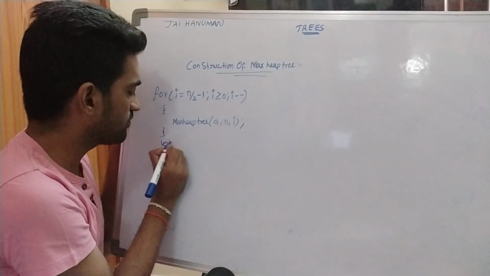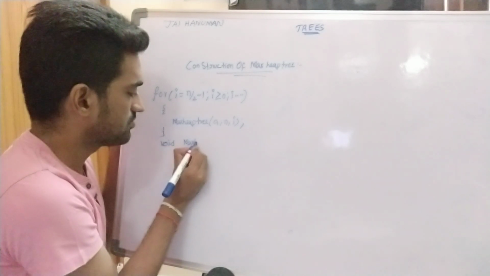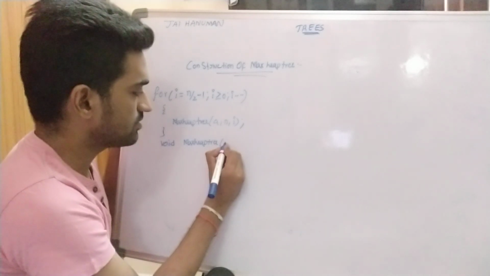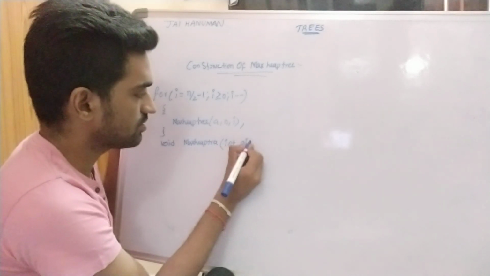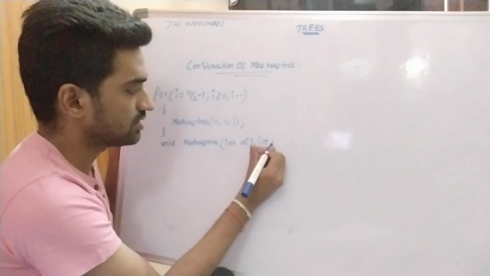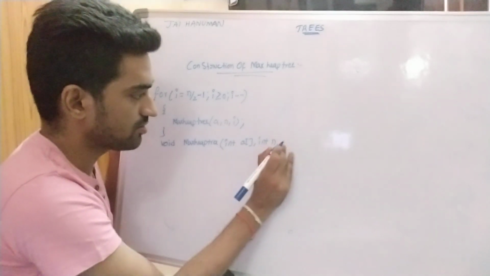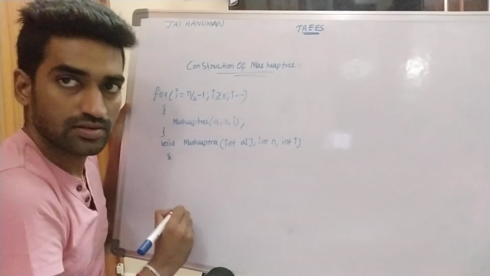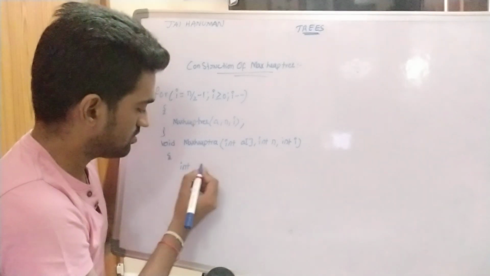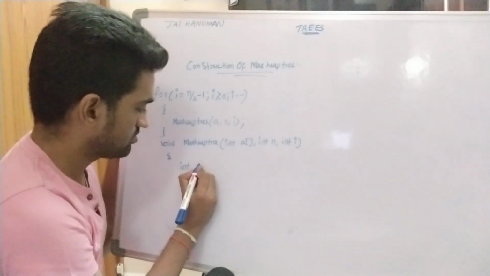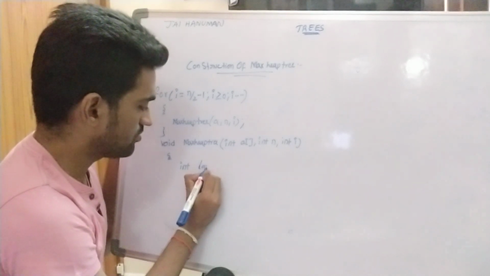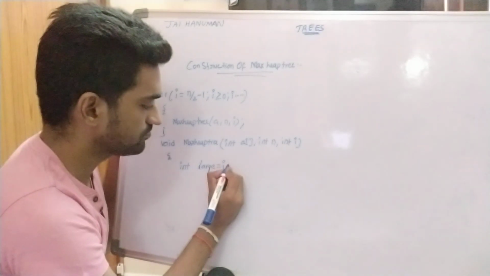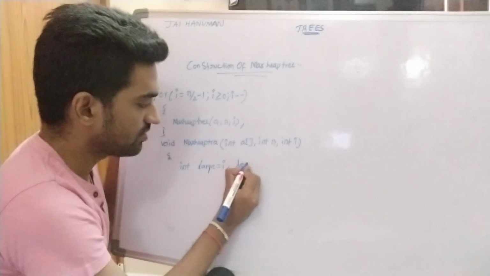Here I am writing the function definition for max heap tree, with int a comma int n comma int I. First of all, we take one variable, large, which is set to the I value, comma left.